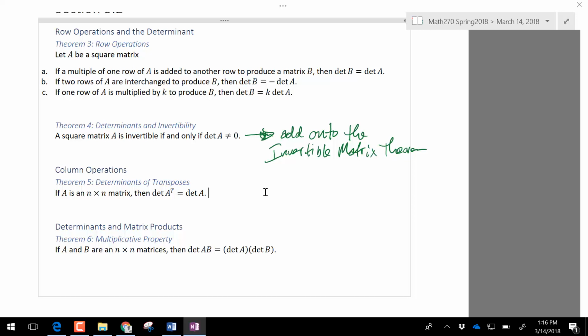Yeah, but it itself is also a cool tool. That's up on the board right now. It also would help with solving systems of linear equations, like in Cramer's Rule.